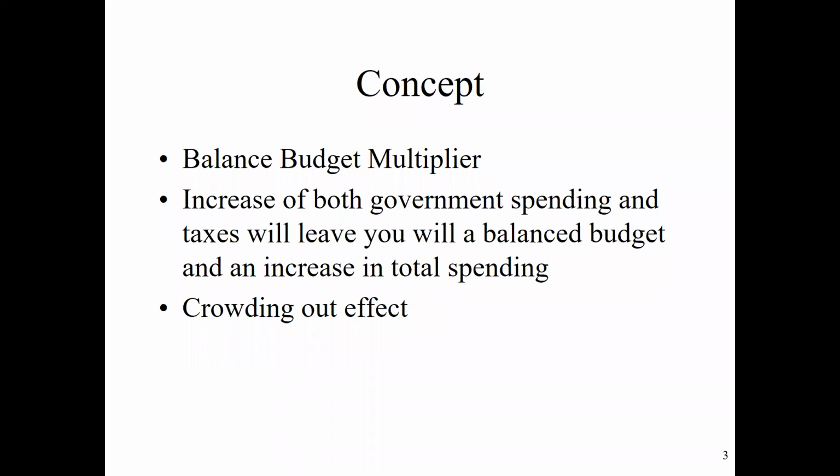If they're both going in the same direction, government spending is always going to outpace taxes because the multiplier is bigger. All right. So be aware of that type of question on the test where they give you both of them and ask which one influences more.